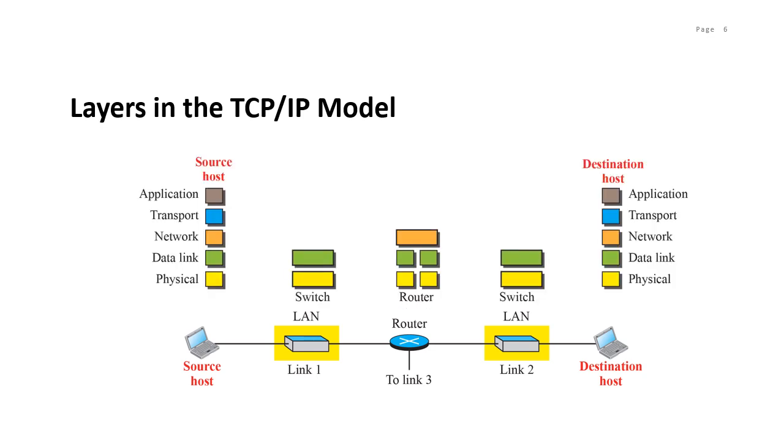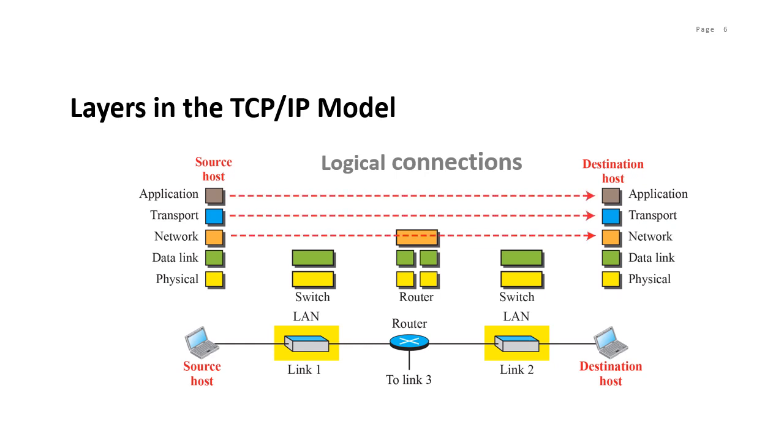And the top figure shows the logical connections in our simple internet. Using logical connection makes it easier for us to think about the duty of each layer. As the figure shows, the duty of the application, transport, and network layer is end-to-end.